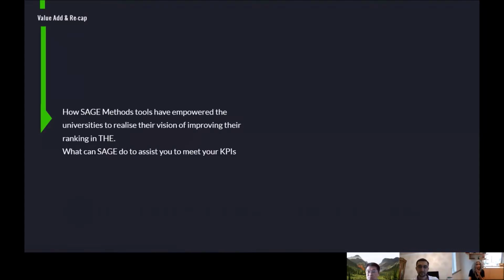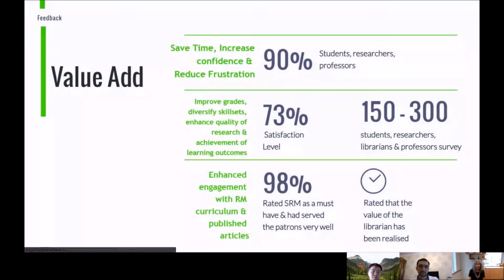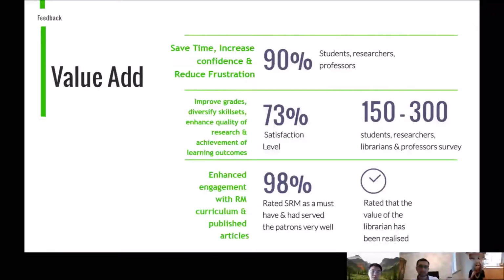So THE is Times Higher Education. How has it empowered universities? What can Sage do to help you to meet your KPIs? So these are just some of the things that people have told us before we go into the process.